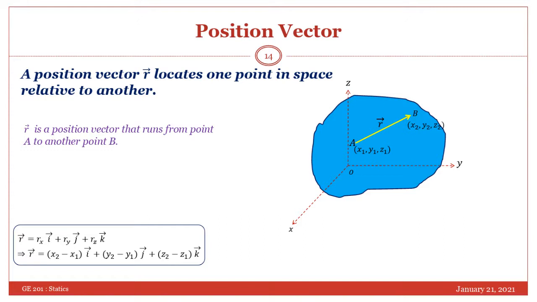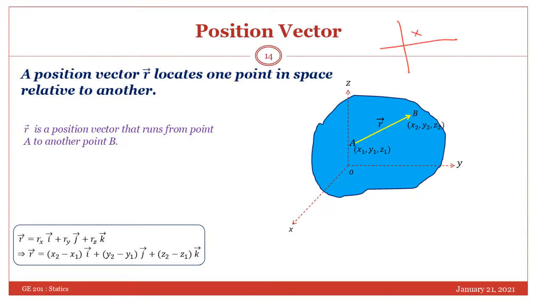If either of the two points changes, the position vector will change. Suppose the location of B changes, of course the vector will change. Or the point relative to which you are talking about the position vector changes, then also the position vector will change. So first let us do this in 2D to understand how to calculate it.